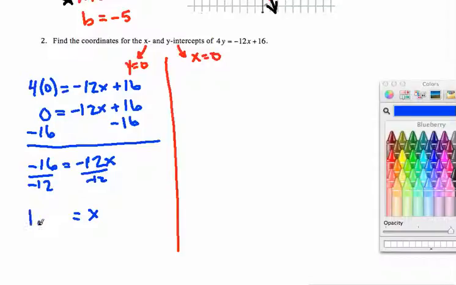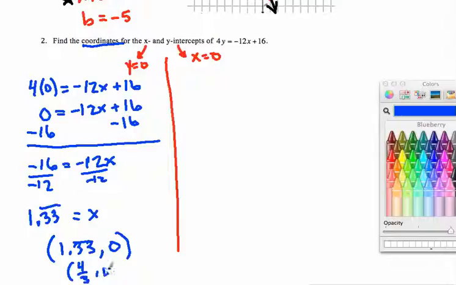And we get 1.3 repeating. It's asking for the coordinates, so you're going to put as a coordinate 1.3 repeating, comma, 0. That's your coordinate. You could also write it as a fraction if you want to use that magical math button. So 4/3, comma 0 is also acceptable.